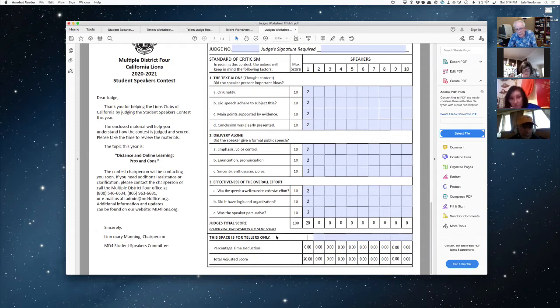Now say the first speaker had a score of 20 and he went over 2 minutes. So a 2 would be entered there, and an automatic 2% penalty would be figured and totaled down at the bottom. Everybody see this? Everybody on the same page? Okay, excellent. Any questions so far?